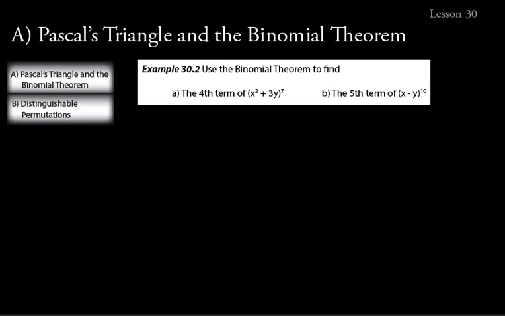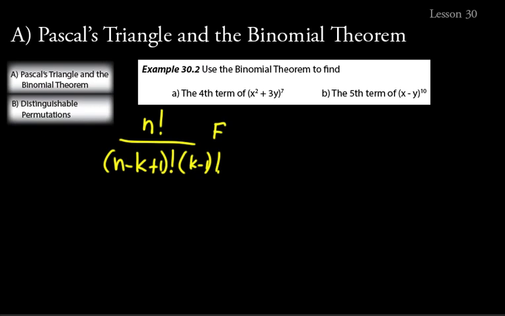But let's just write that formula down first. n factorial over (n minus k plus 1) factorial, parentheses, (k minus 1) factorial, and then times f. So look at this exponent. It's the same as what's in the parentheses on the left down there: n minus k plus 1, and then s to the k minus 1. So you don't have to keep remembering the same thing over and over again.